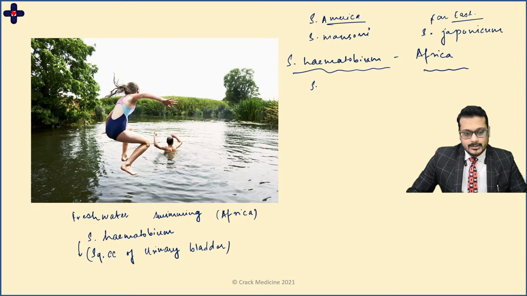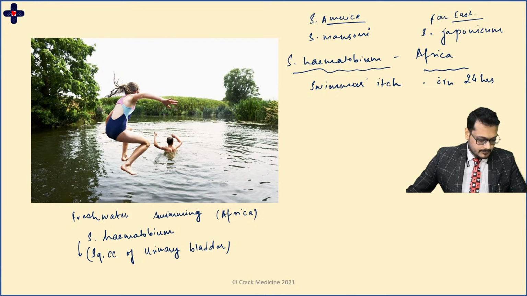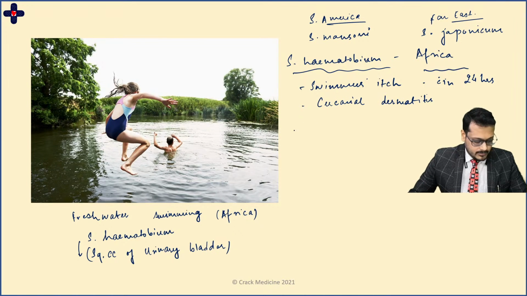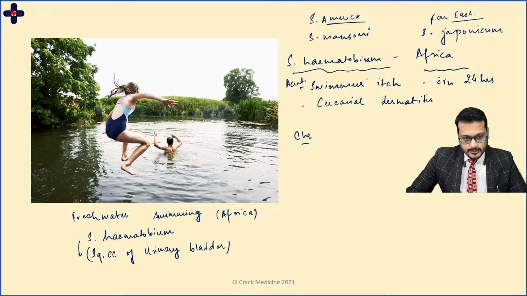You can have something called swimmer's itch, and it develops quite quickly within 24 hours. Okay, we'll come to that. This is also known as cercarial dermatitis. Okay, this is the acute form. The chronic form is known as Katayama fever.